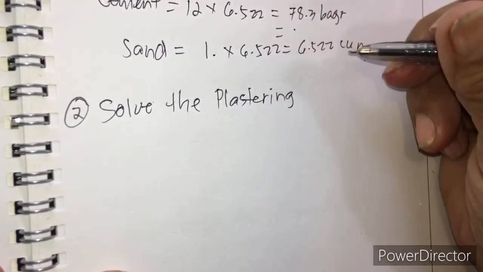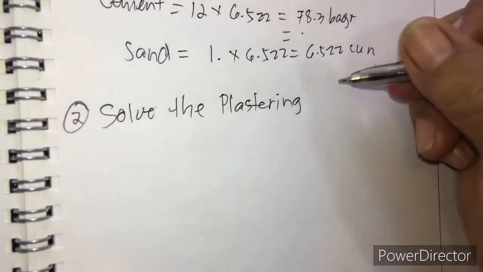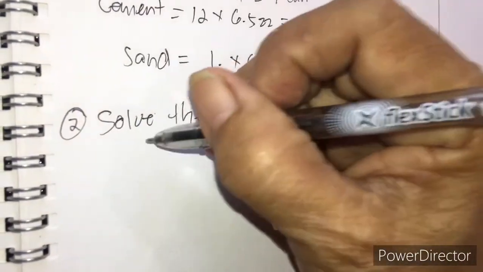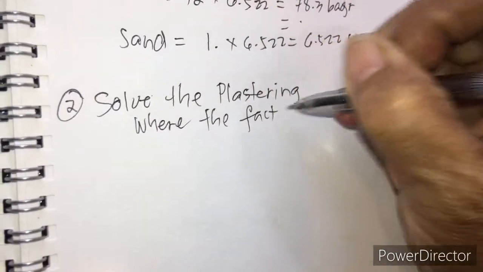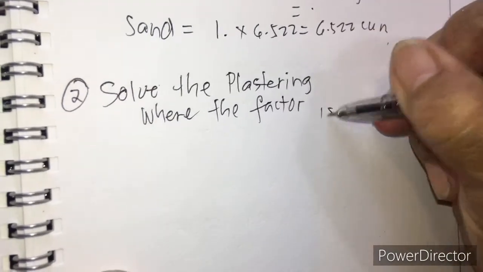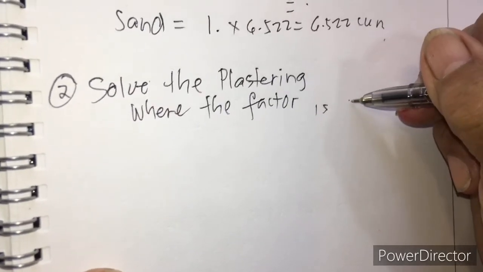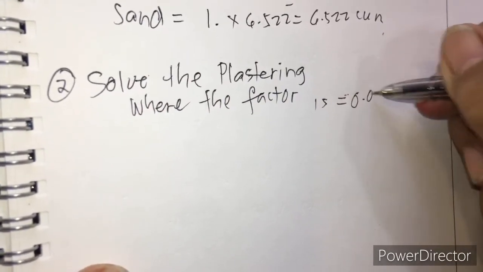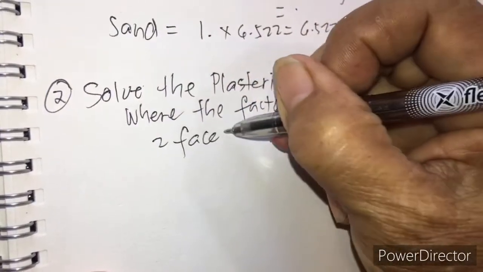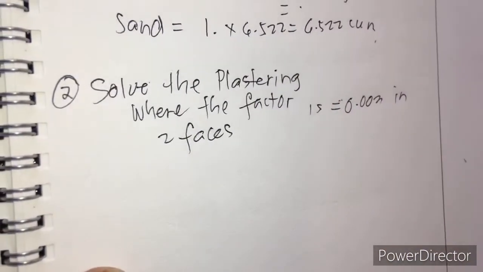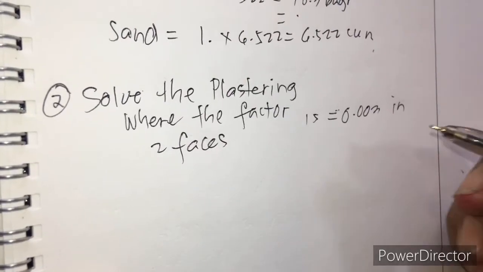Plastering is also known by others as finishing, where the factor is 0.003 and 2 pieces, the outer side and the inside.